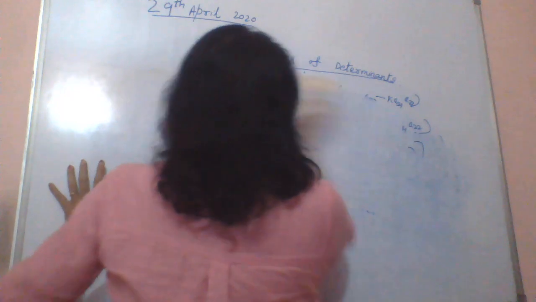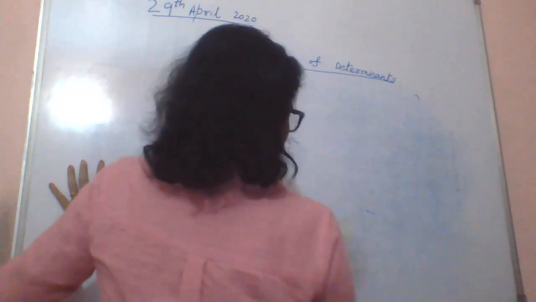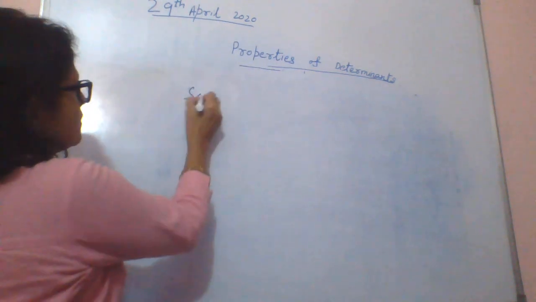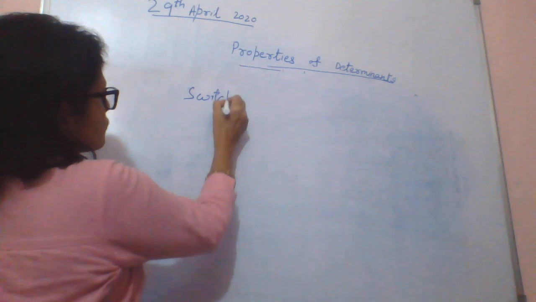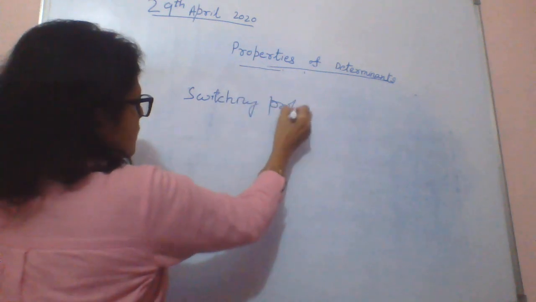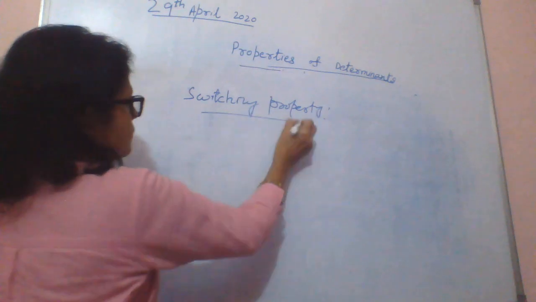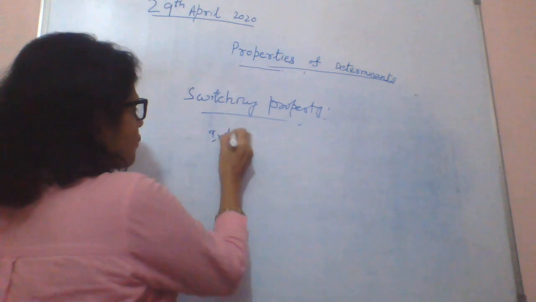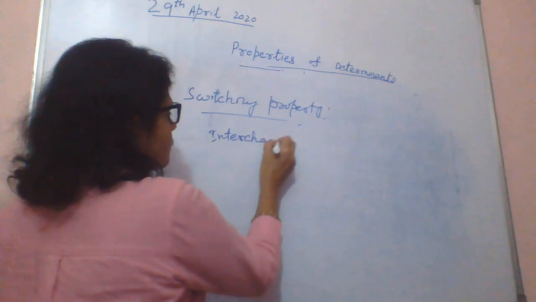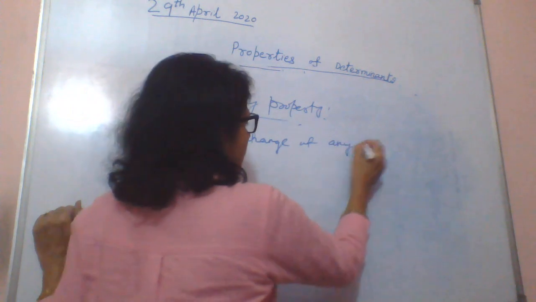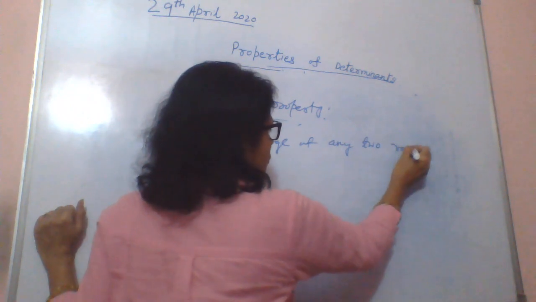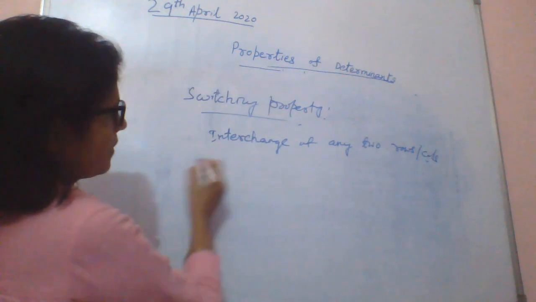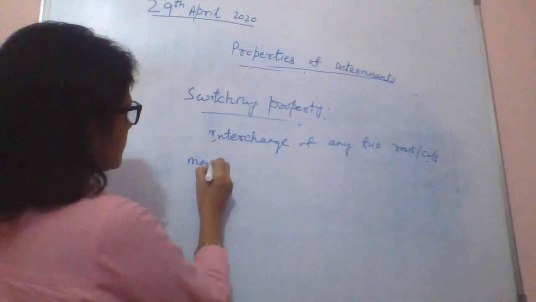Okay, so next, I think property number 6. Switching property. So switching property, as the name says, switch over. So here what happens?